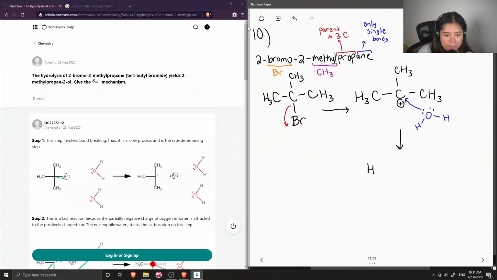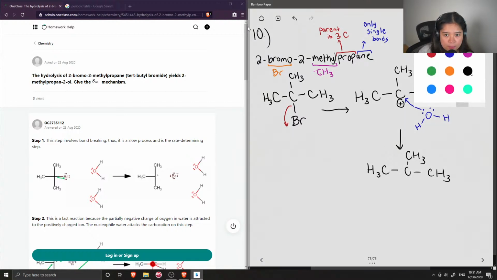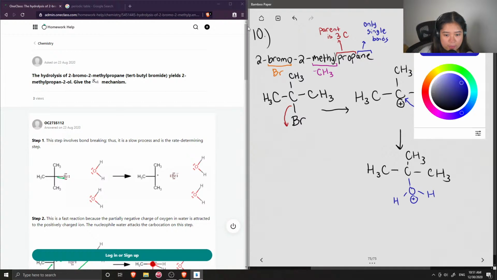And then we are left with the following intermediate that now has a water molecule attached, but this oxygen is now positively charged.